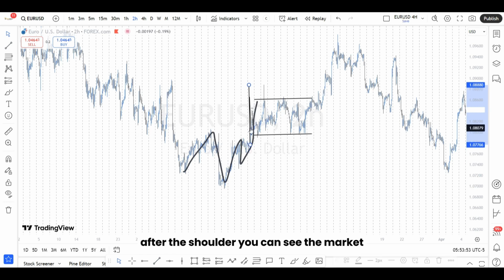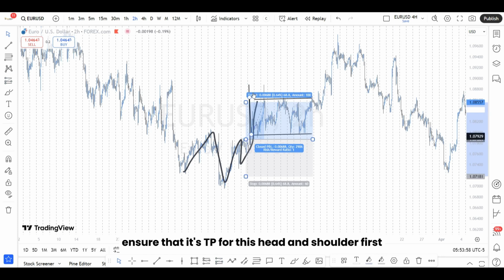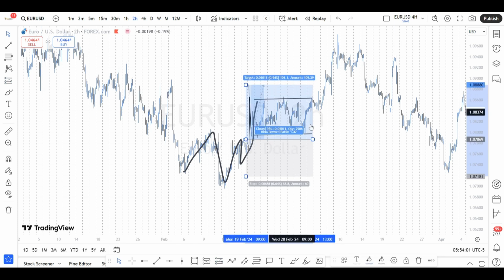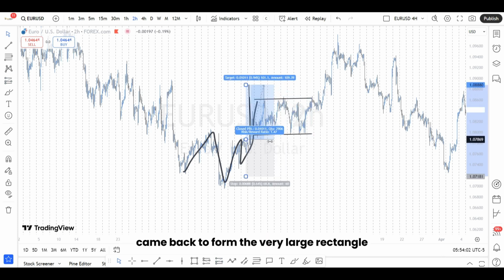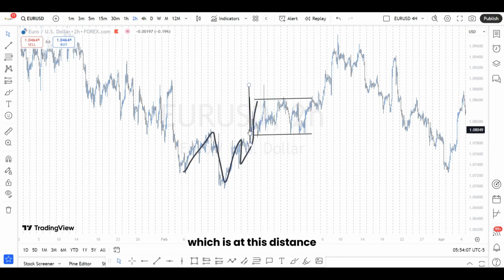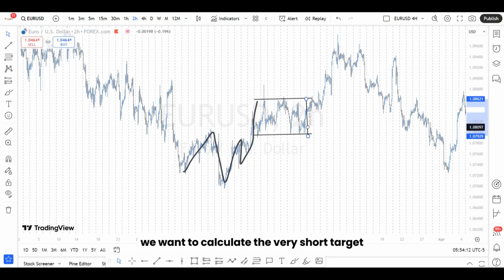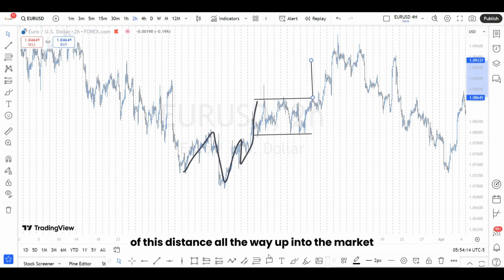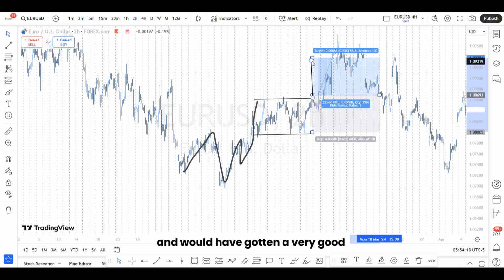After the shoulder, you can see the market ensured that it hit TP for this head and shoulder first, came back to form the bearish rectangle, and from the bearish rectangle, which is at this distance, we calculate the bearish rectangle of this distance all the way up into the market, we now have another entry like this, and we would have gotten a very good 1:1 risk to reward, just easily take home.